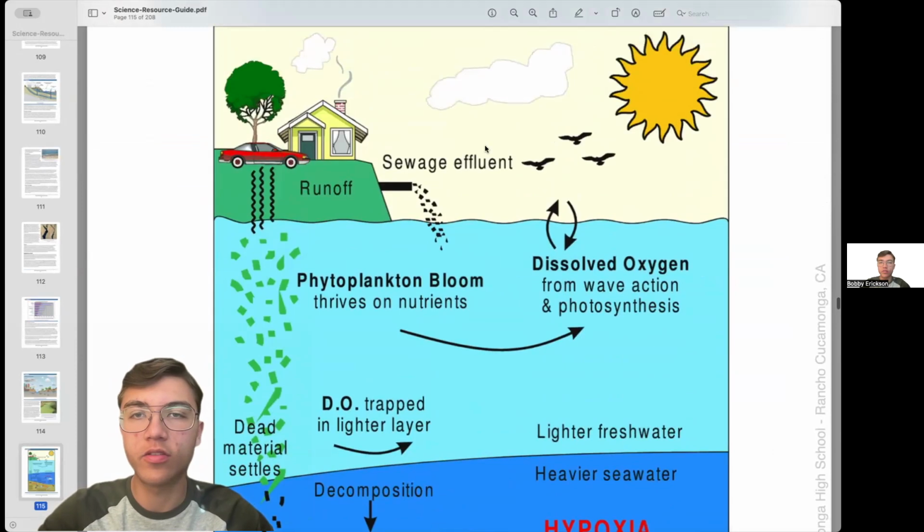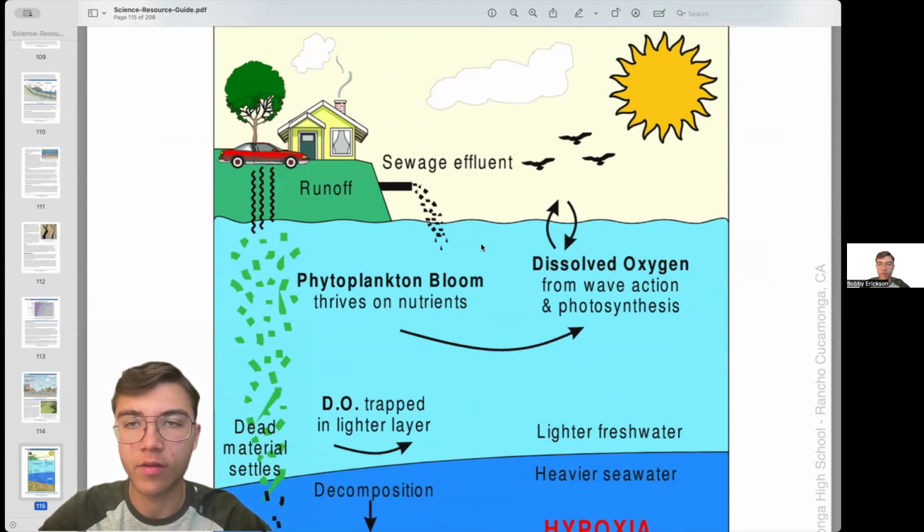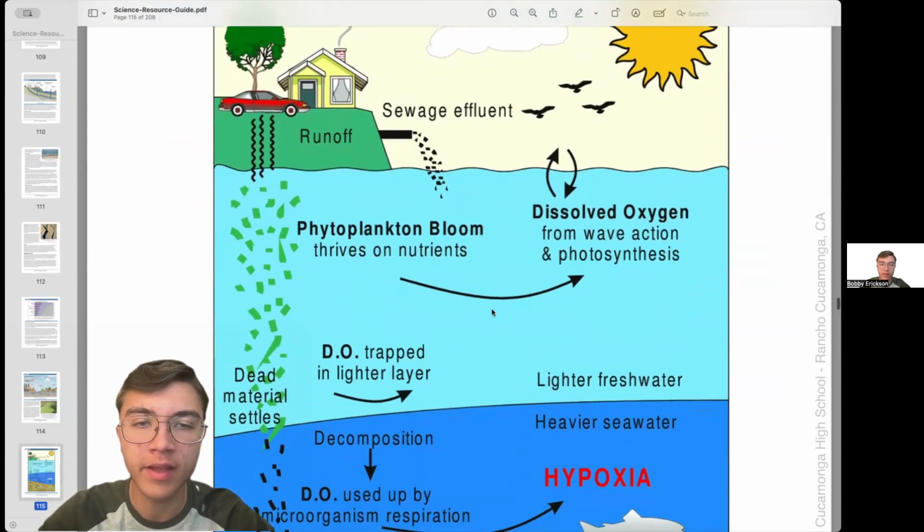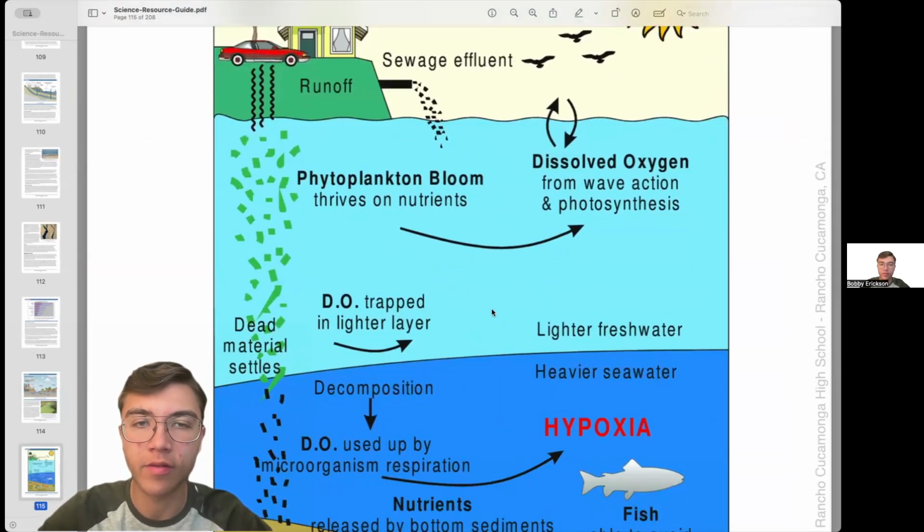So sewage is falling into the water, and so phytoplankton bloom thrives on those nutrients of the sewage, and so dissolved oxygen is being used by the phytoplankton, and the dissolved oxygen is trapped in the lighter layer.